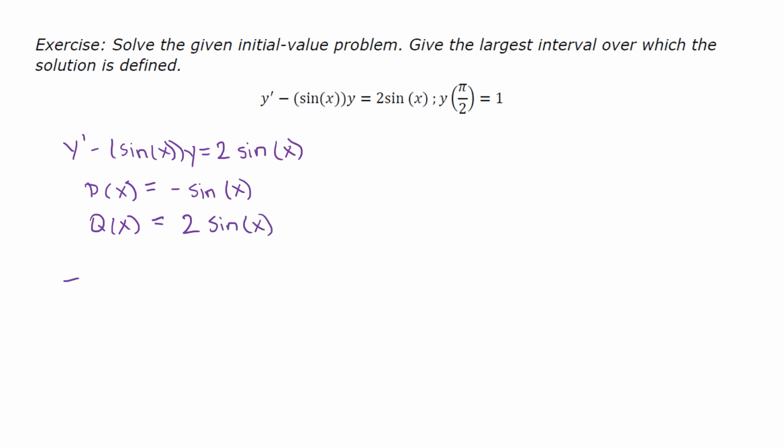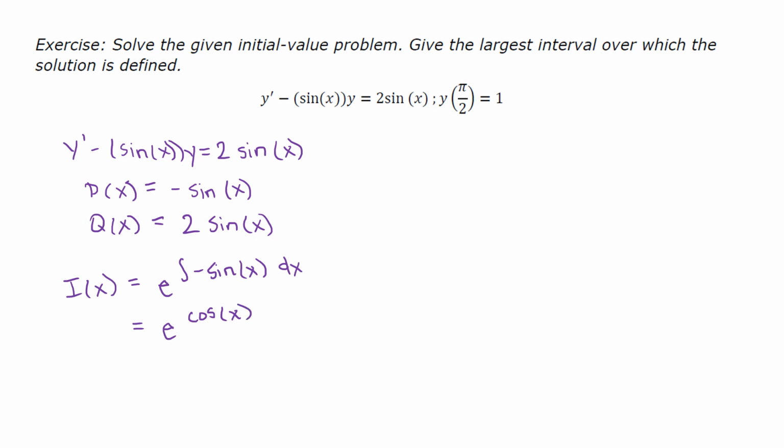Then I can find my integrating factor, which will be e to the power integrate negative sine x dx. When simplified, will get me e to the power cosine x.